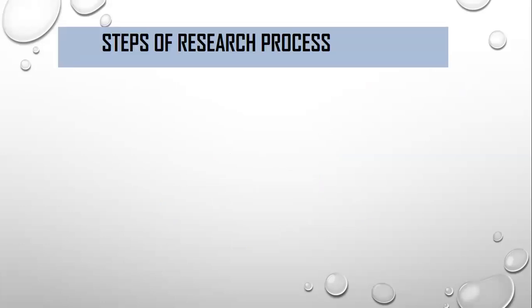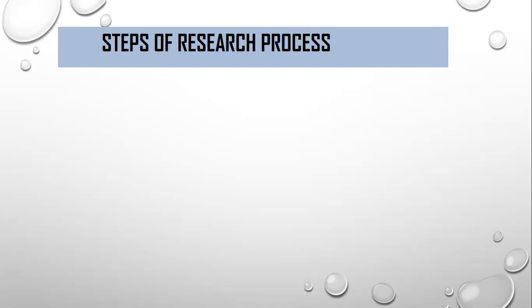And today I will discuss the steps of the research process, to provide you a clear idea about how research is done step by step. Actually, the steps vary in different textbooks, and different researchers divide these steps differently.